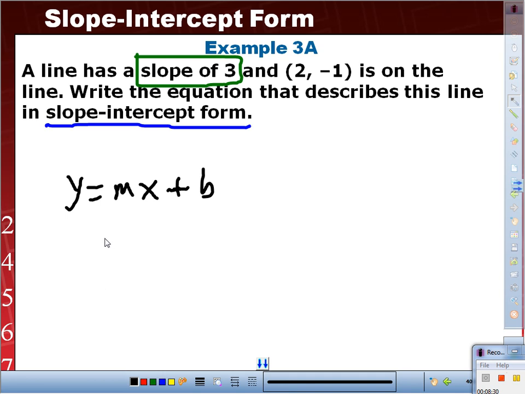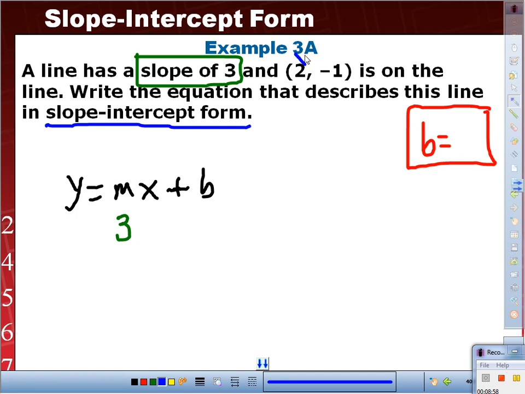Once I did that, I substituted values given. What was the value given here for the slope? 3. But here I have a dilemma. I don't have a value for b. That means I need to find a value for b. They don't give me that value. So I already used 3. They give me these values. Do I know what these values represent?